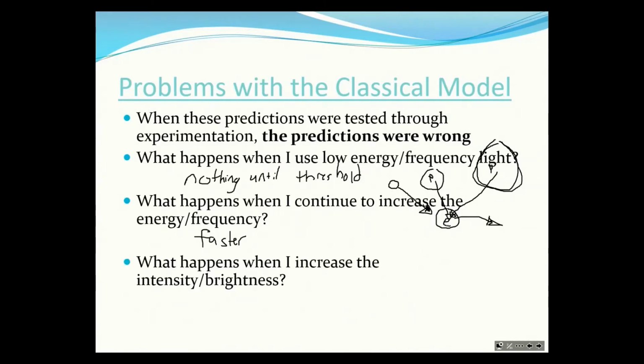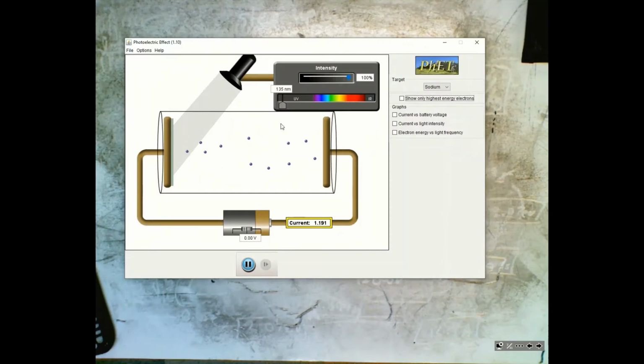So what happens when I increase the intensity or the brightness? Okay, so here, let's slow them down a little bit. So when I decrease the intensity, let's switch this. Instead of showing light as a beam, let's show light as photons, right? So as I shoot more photons at the metal plate, look at that.